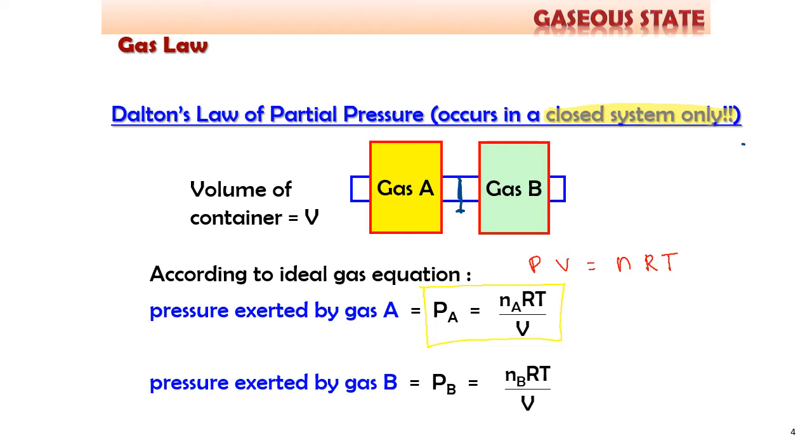If you want to calculate the partial pressure of gas B, just rearrange the ideal gas equation and you will get PB, partial pressure of gas B, equal to number of mole for gas B times R, gas constant, times temperature divided by volume in liter.